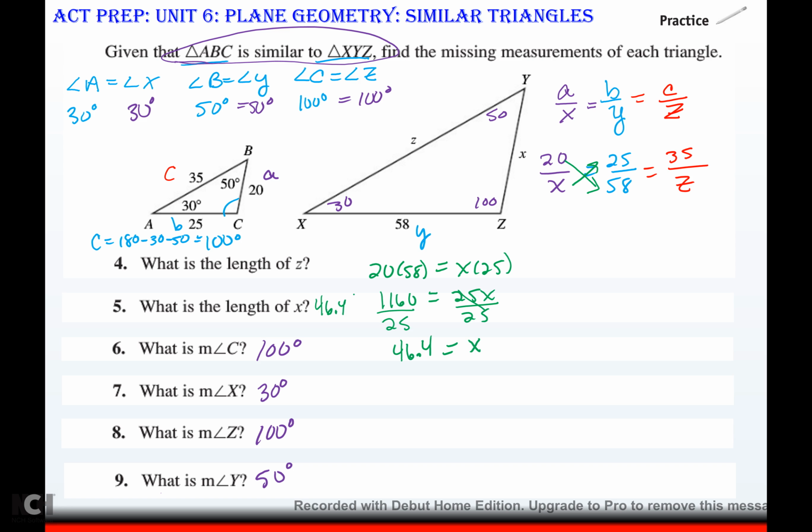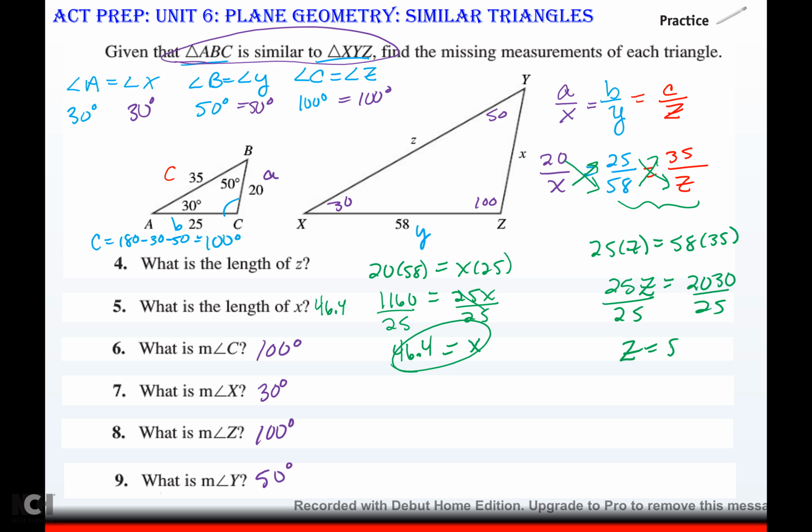So there's x. And to get z, I'm going to solve this one. So that would be 25 times z equals, this way would be 58 times 35. This would be 25z equals 58 times 35, which is 2030. Divide by 25, and z equals 81.2. Okay, pretty cool.